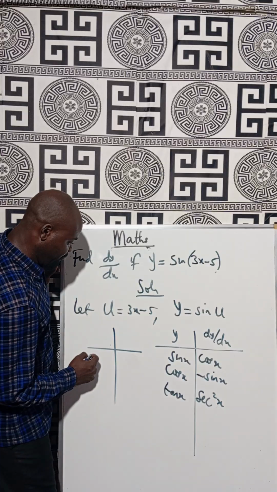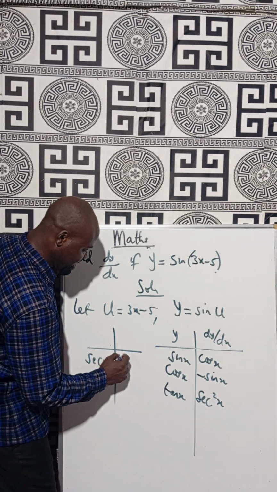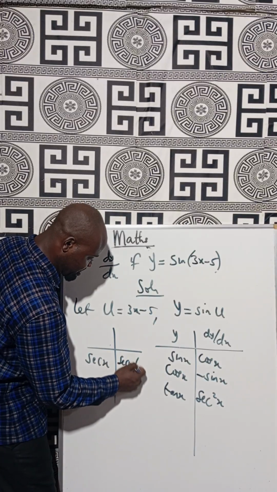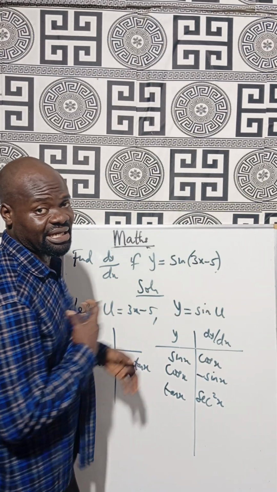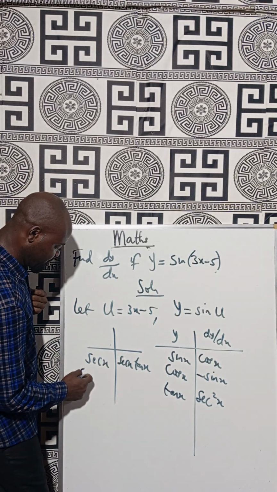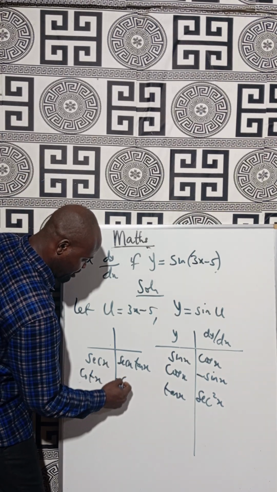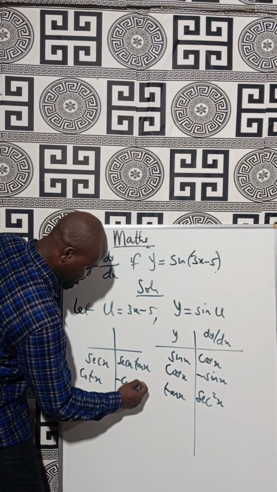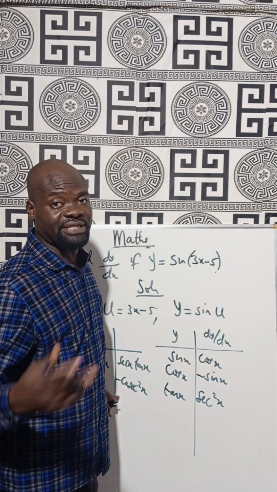Then what about if you have sec itself? If you have sec x, your derivative will be sec x tan x. So please go and note all these. They are standard derivatives. What about if your y is cot x? We are going to have minus cosec square x. Cosec is 1 all over sine.